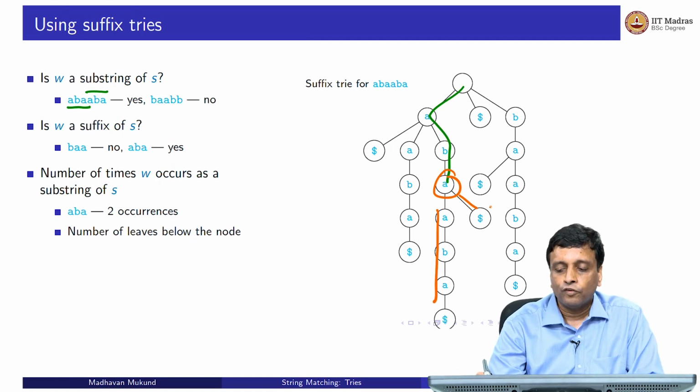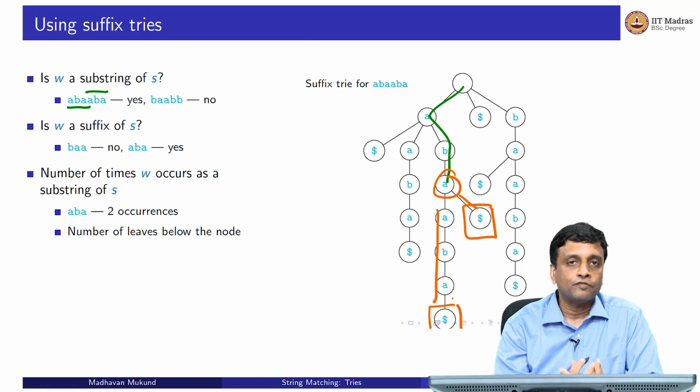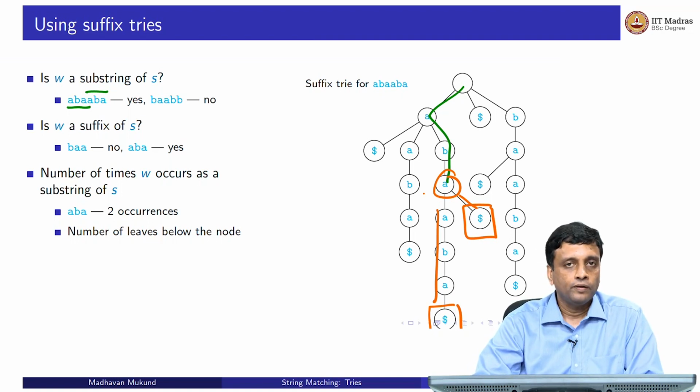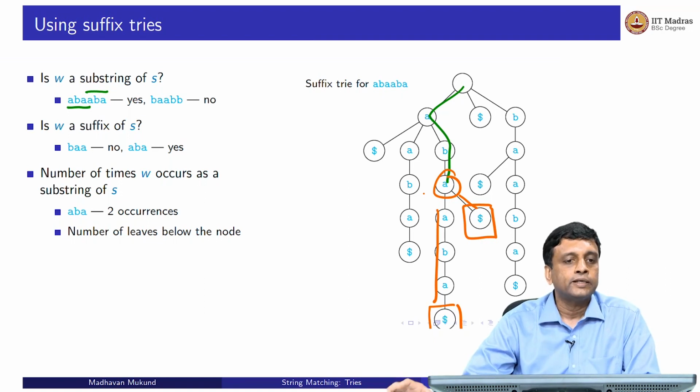So in other words, you look for the number of leaf nodes. Remember, a leaf node in a trie denotes a complete word. So you look for the number of completions of this substring, and that tells you how many times the substring occurs, because every completion of the substring will represent a different suffix. So that's one way of checking. In this case, because ABA has two leaf nodes below the ABA node, it has two extensions in my word, so it has two occurrences.